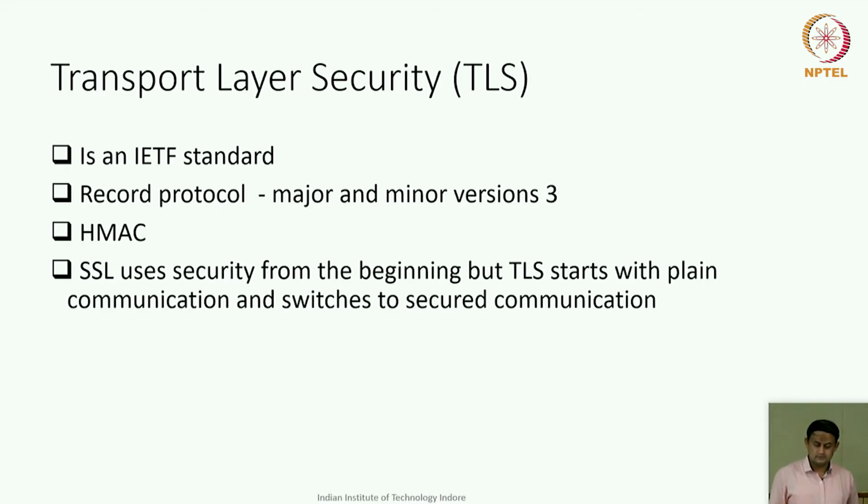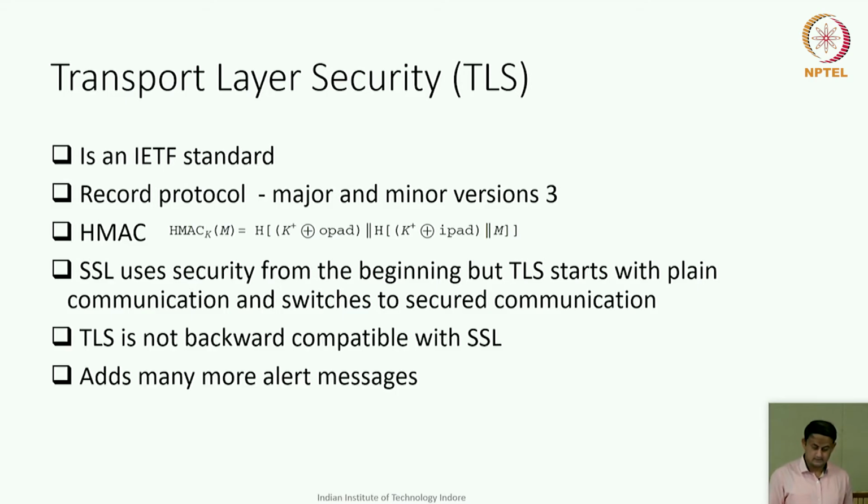Then it introduced a change in the MAC calculation, which goes something like this. In the previous case of SSL, there are a couple of keys that are used. Remember, a MAC requires a key. That key is concatenated with a couple of pads that are generated, and then the message, whatever you want to transmit, the application data, is concatenated with them.